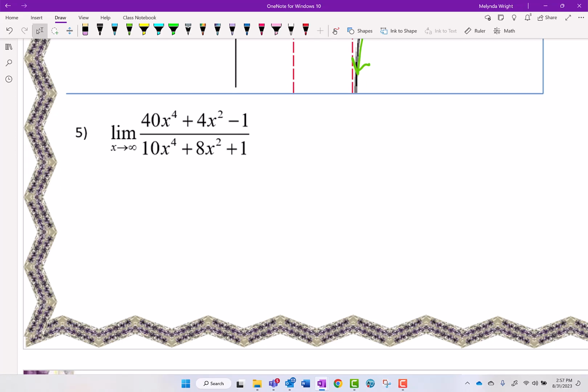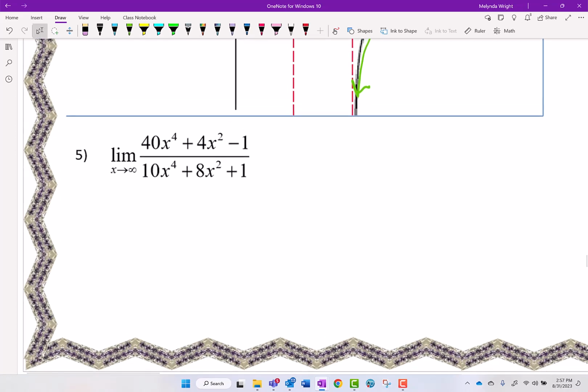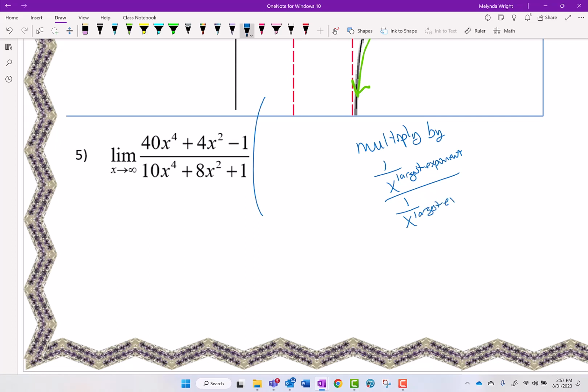The technique that we use is called the algebraic technique, where we multiply, I'll just write this up the side, we multiply by 1 over x to the largest exponent over 1 over x to the largest exponent.